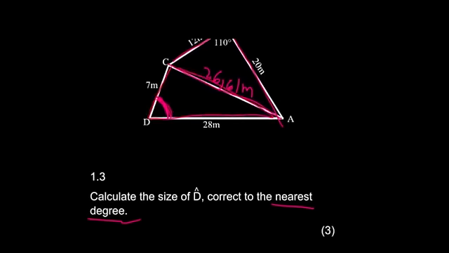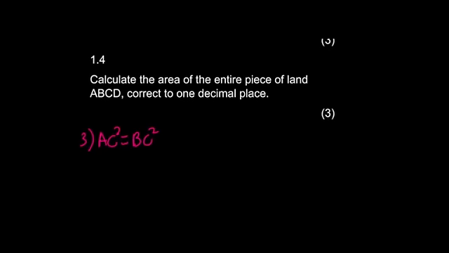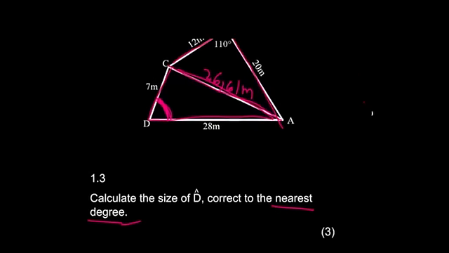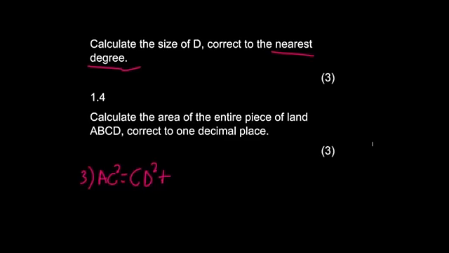So AC squared is equal to CD squared plus, what's the other side? AD squared.